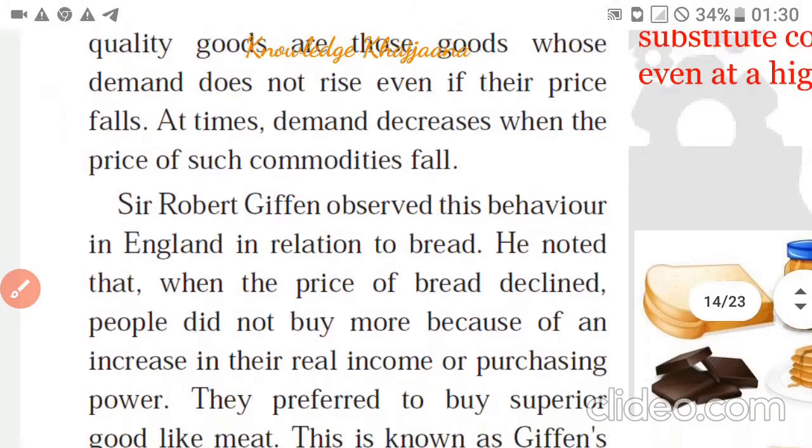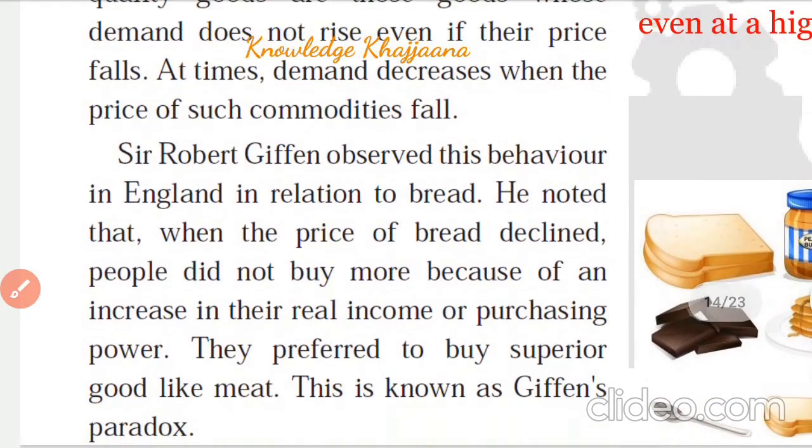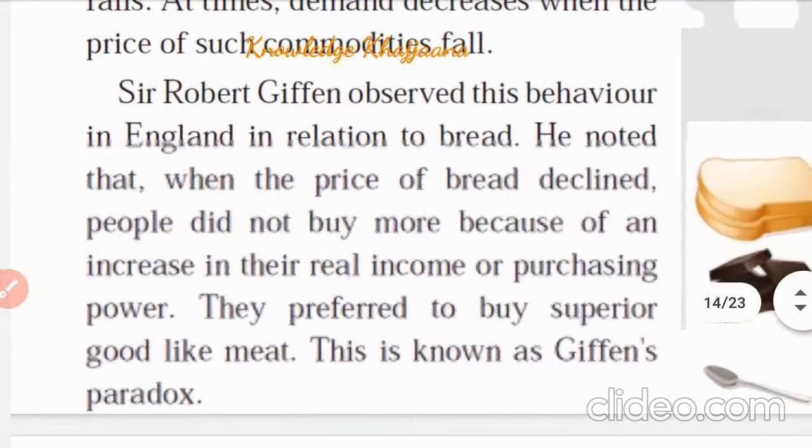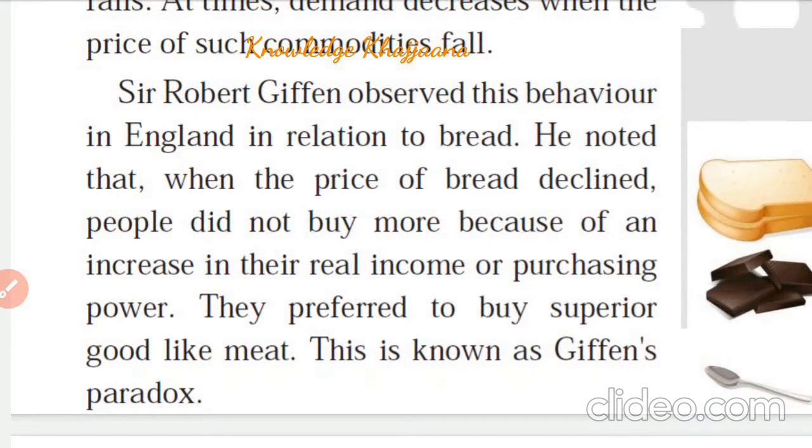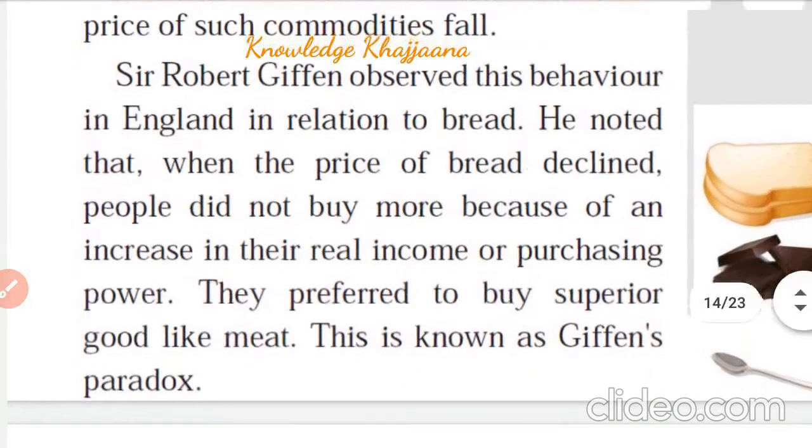Sir Robert Giffen observed some behavior of some workers in England. See, why did he come to this conclusion? He observed this behavior in relation to bread with some workers.